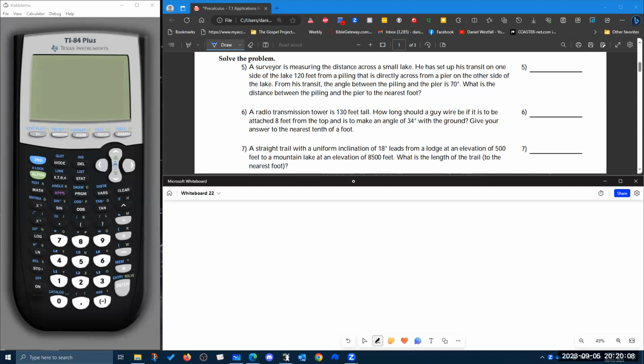He sets up his transit on one side of the lake, 120 feet from a piling. Here's his transit. Here's the piling. Point across from a point that's directly across from a pier. So this is the piling. This is the pier.